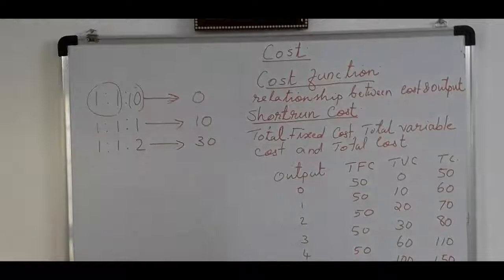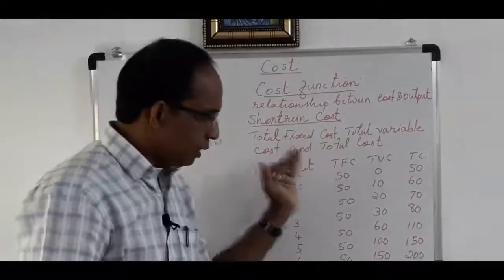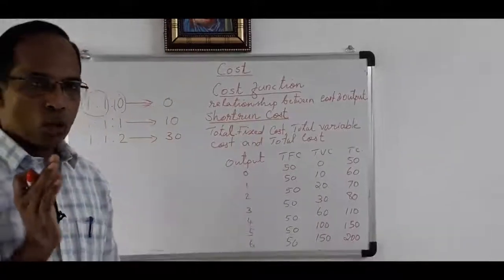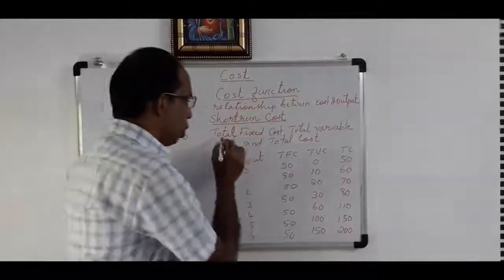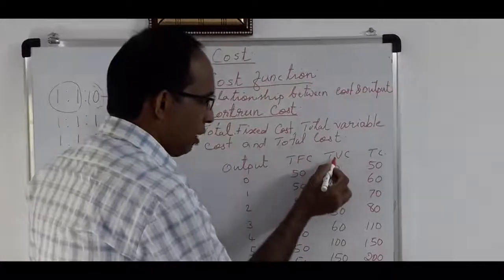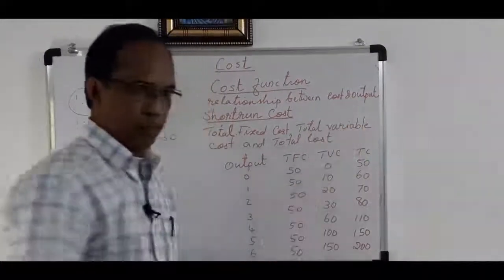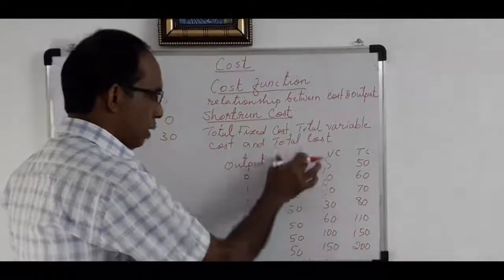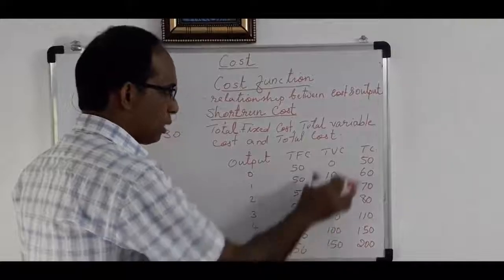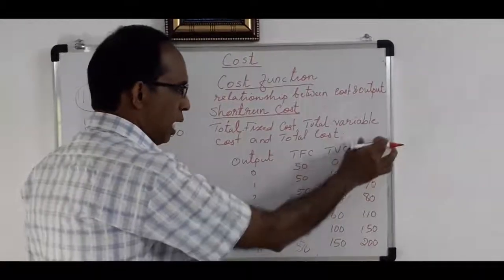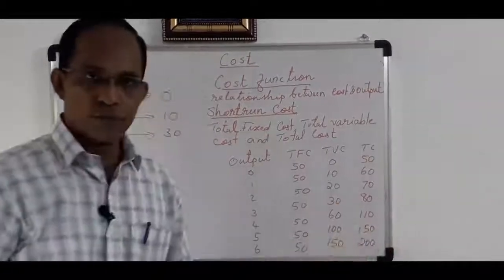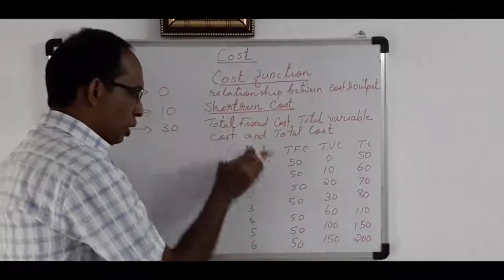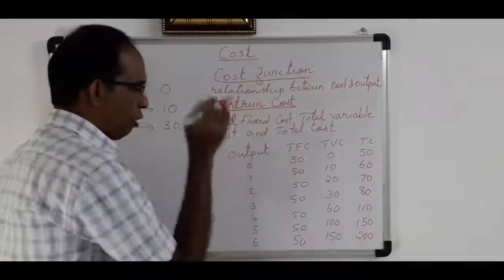Now let us come back to this table. There are three important costs in a short run: total fixed cost, total variable cost, and total cost. Suppose the first column output level is given, second column TFC, total fixed cost, third column TVC, and fourth column total cost of the firm. Suppose the producer is not at all producing any level of output, zero level of output.